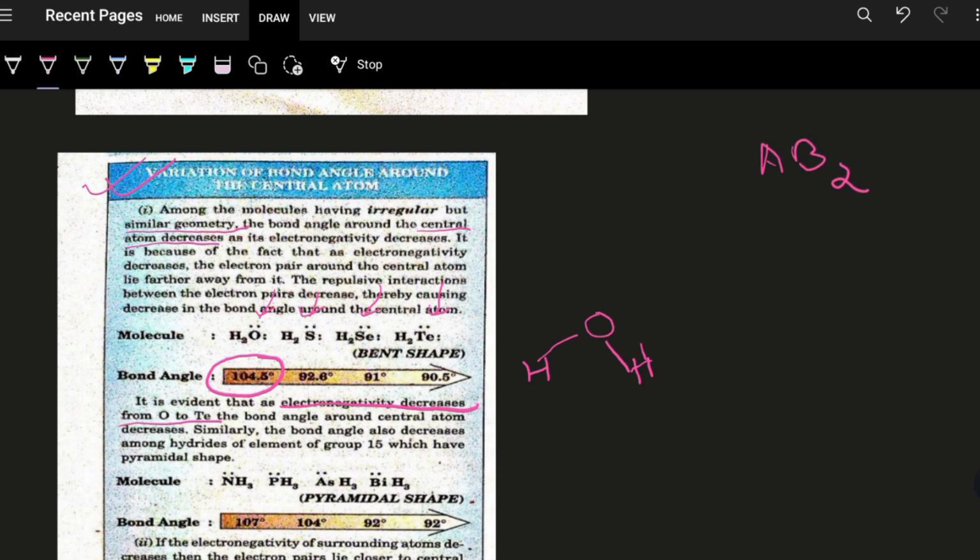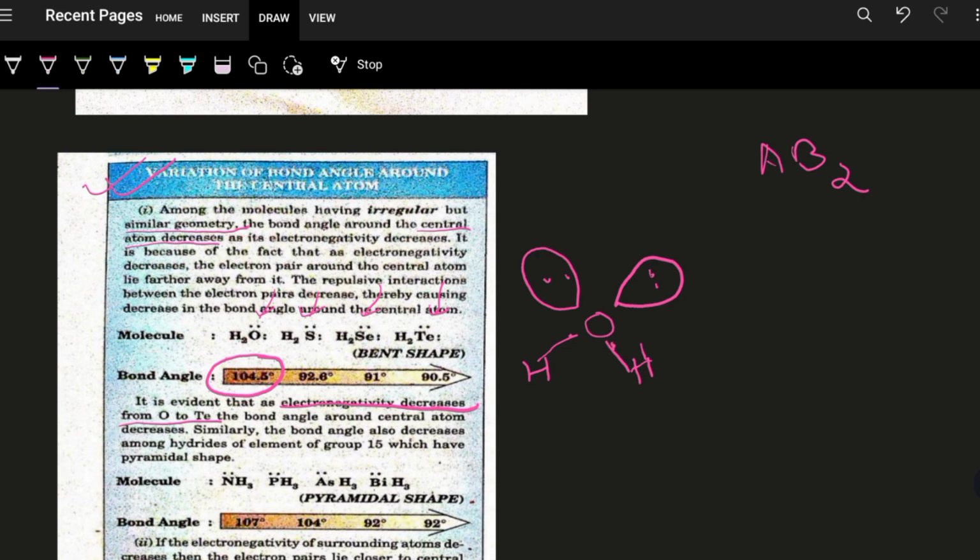AB2 type molecule, right? So having two lone pairs, oxygen has two lone pairs here. In the next, sulfur or selenium or tellurium has two lone pairs. Now, what is happening? If the electronegativity is more, then the bonded pair of electrons will move towards the electronegative atom a bit more.